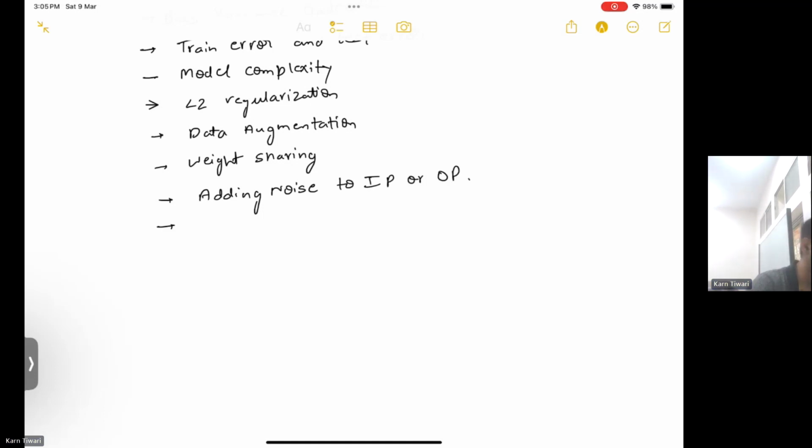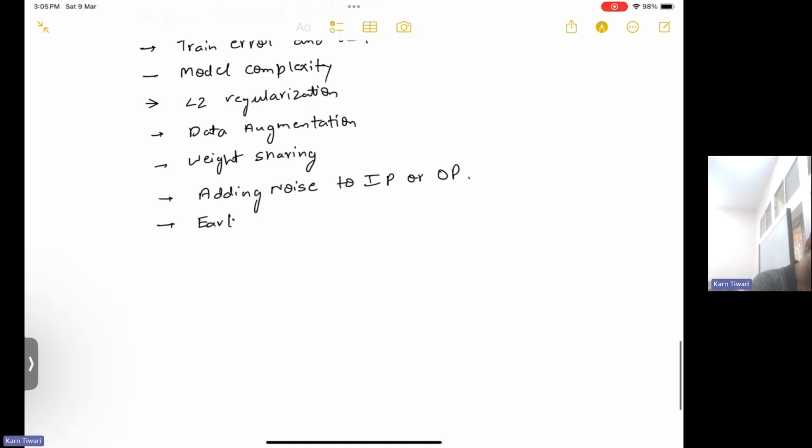Then early stopping. By the names, a lot of things are very clear. Like adding noise, we are adding noise. Early stopping means we will be stopping the model after, say, 100 epochs. We won't be training for 1,000 epochs. So that's what we meant. But I will just be giving a gist of what it actually means intuitively.